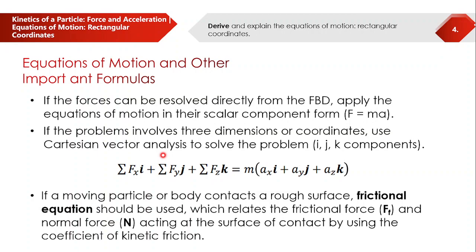Unless the problem states to neglect the friction, then you can neglect the frictional and normal force. But if it's not mentioned that you should assume no friction, then you have to consider these two, the frictional force and normal force. Okay?